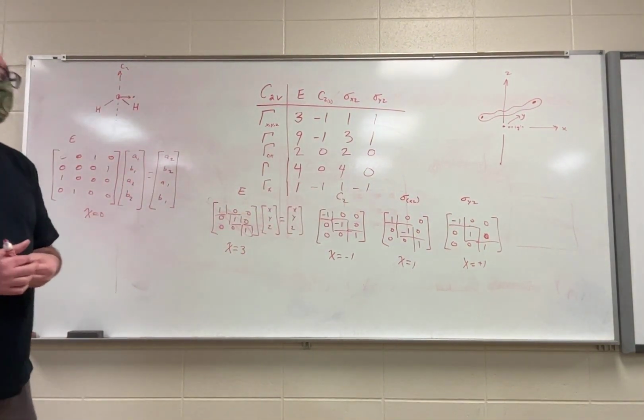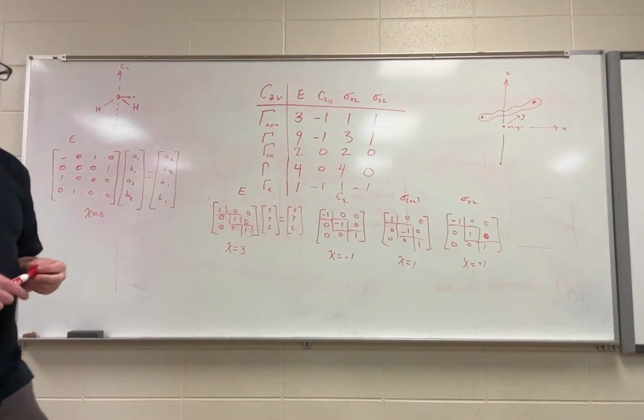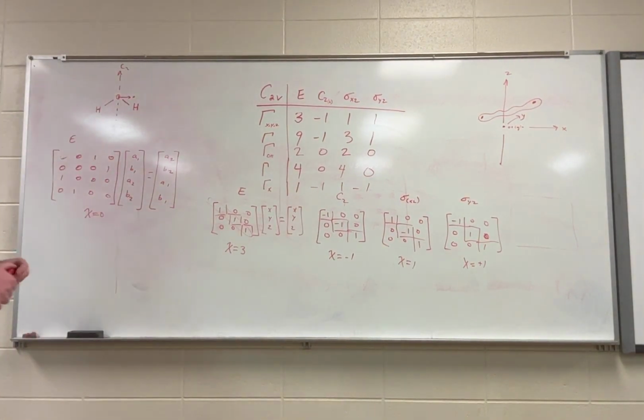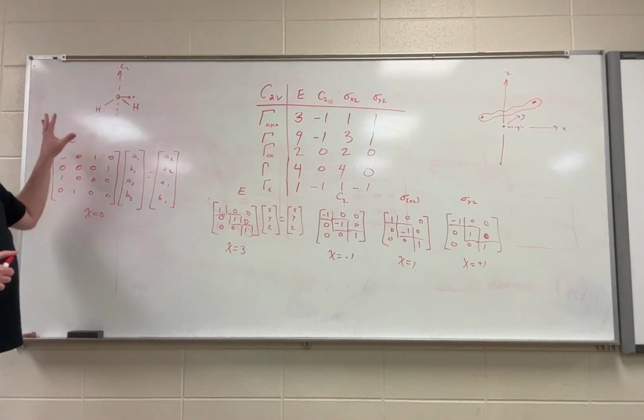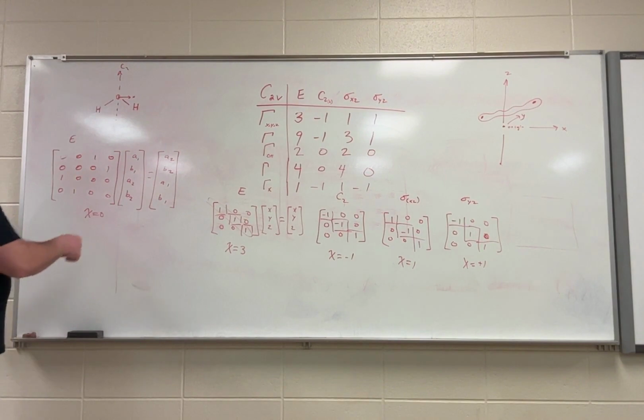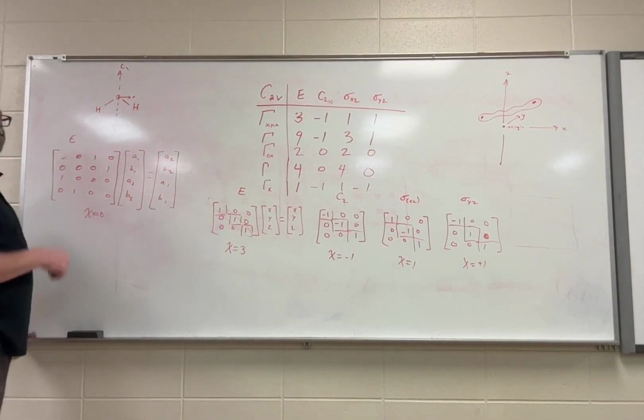Yep. In the last case, when the x goes to the negative direction, why isn't it 0? Why is it -1? It's 0 when it moves to a new point in space. So that's why I drew the X on the oxygen.